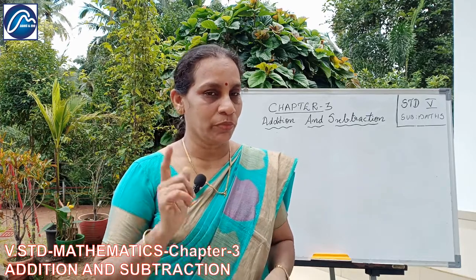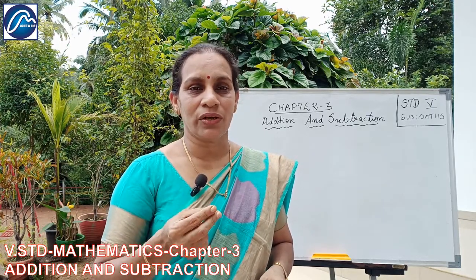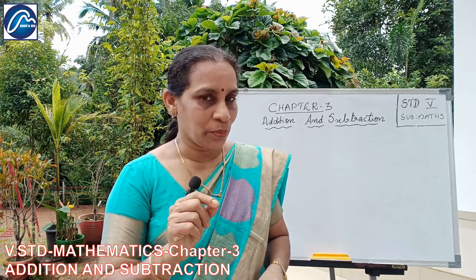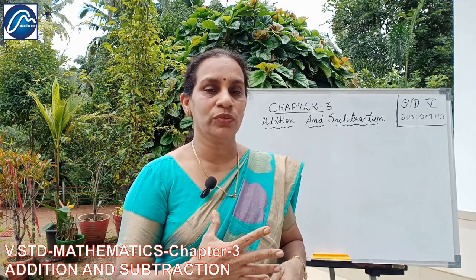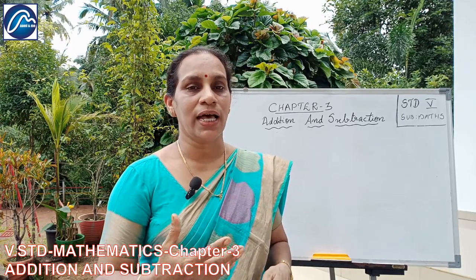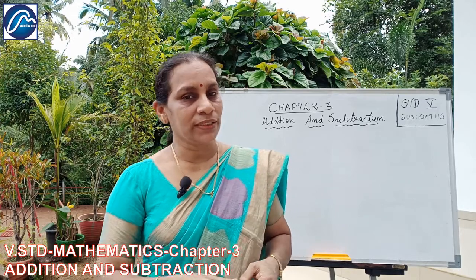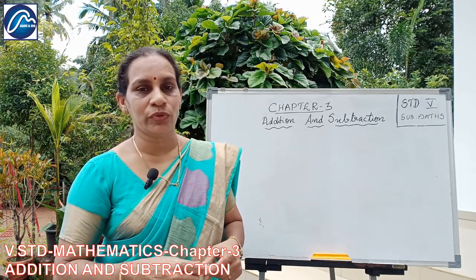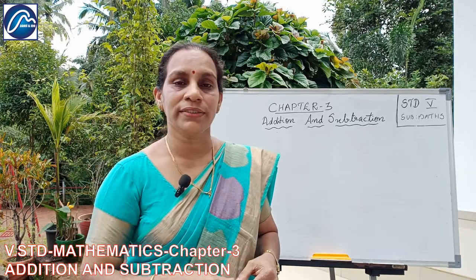But you have to remember that when you are adding two numbers, the result is known as sum. S-U-M, sum. When you are subtracting two numbers, you will get the result as difference. For example, what is the difference between 9 and 4? You will subtract 4 from 9 and the result is 5.